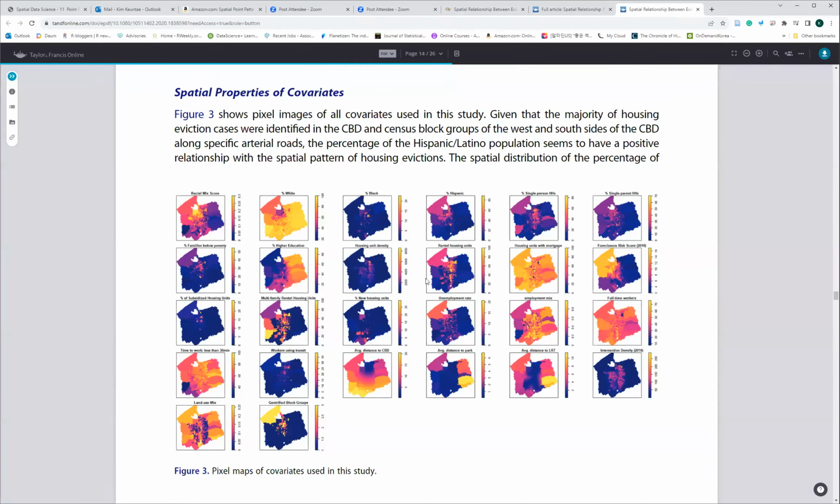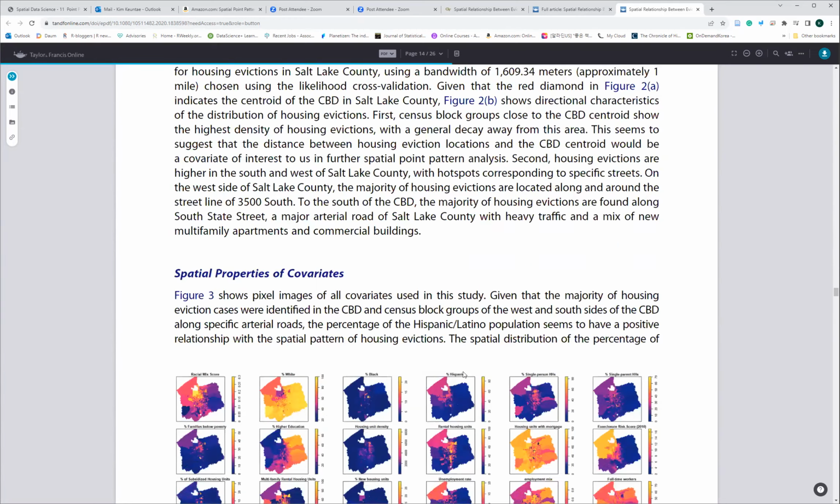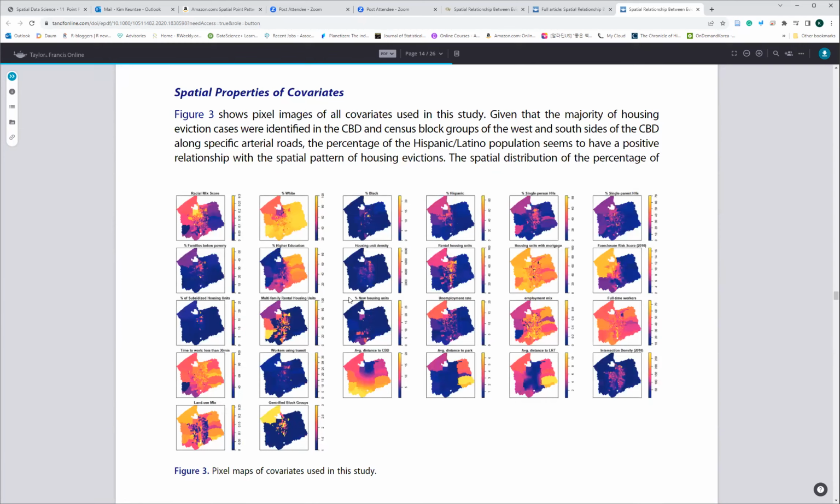For example, when you look at this pattern, most of the evictions are concentrated in this area, downtown Salt Lake City County, right? And as you can see here, families below the poverty line have a similar pattern.